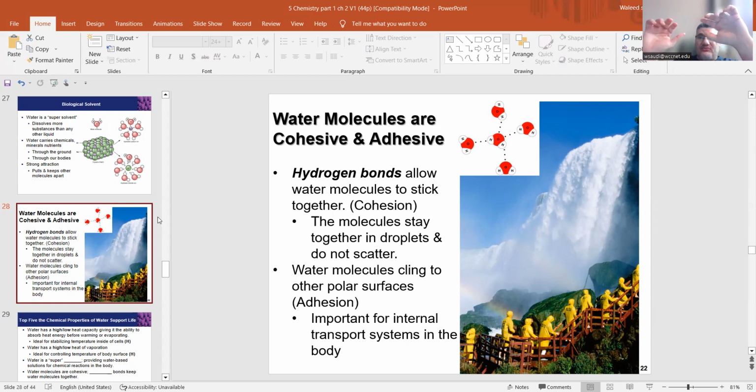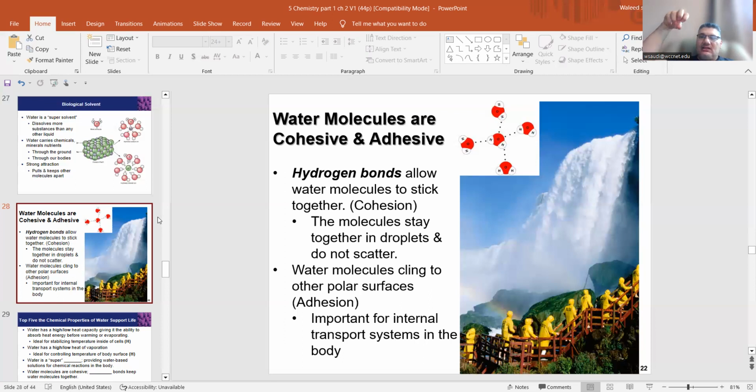So what do you mean cohesive? It means this hydrogen bond will keep it together. And that's why if you get a drop of water and put it on a leaf of a plant, like you see in the morning, you see a drop of water on the leaves staying as a drop. It doesn't make a film. Why is it staying like this and not scattered?